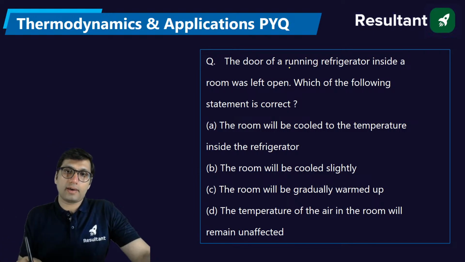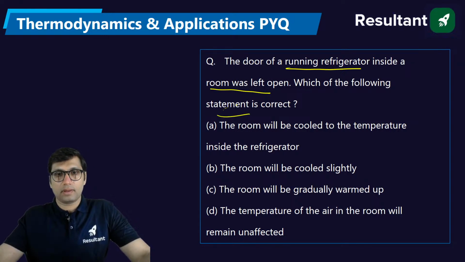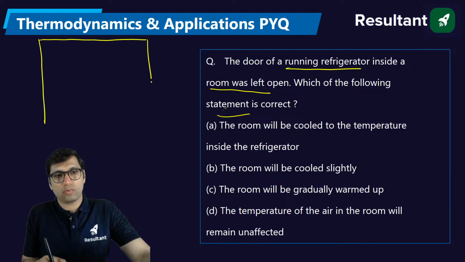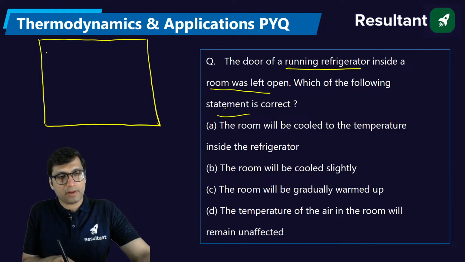The door of a running refrigerator inside a room was left open, which is the following statement is correct. The door of a running refrigerator. So let's say we have a refrigerator, we have a room here, and in that particular room we have kept a refrigerator, big room, and big room you have kept a refrigerator.